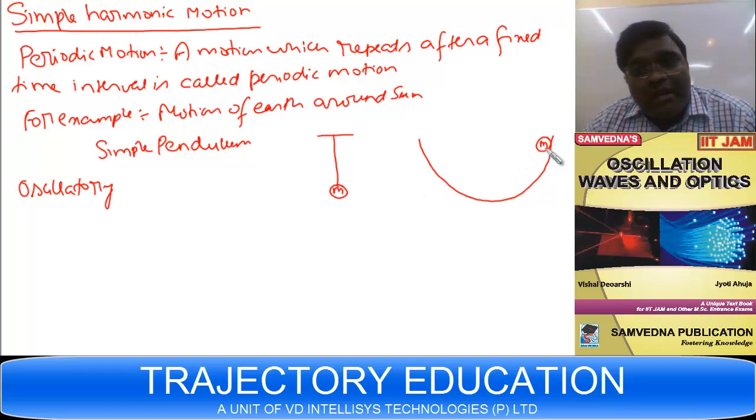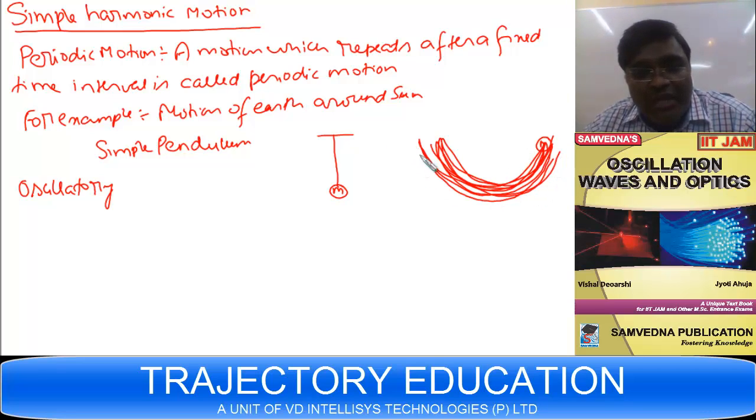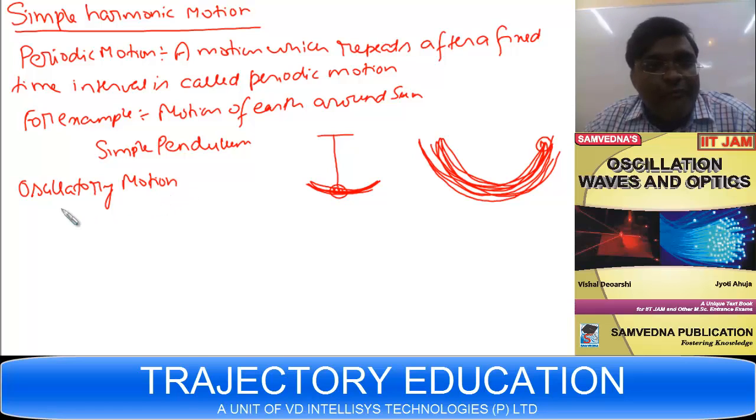Like this motion goes from here and then comes back. It's going to this point, coming back. So in one cycle, it retraces its path. We call such a periodic motion oscillatory motion.